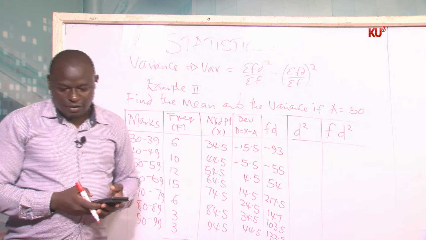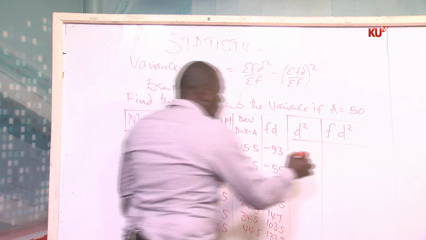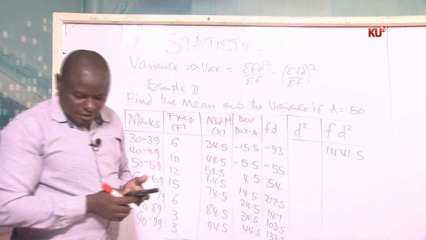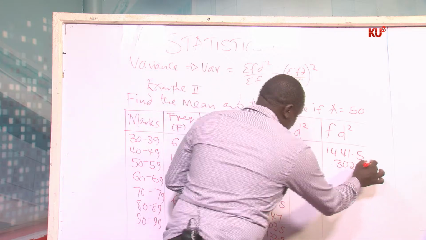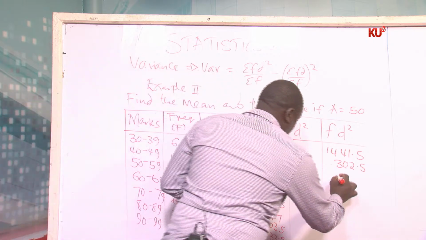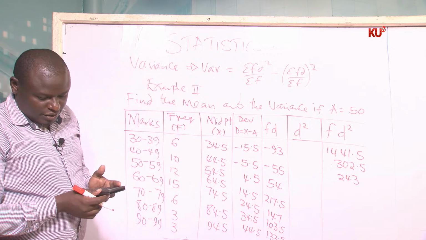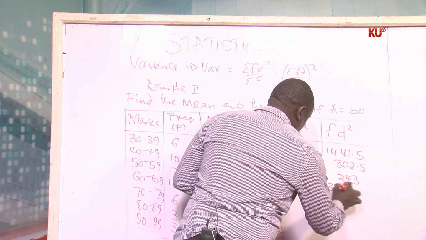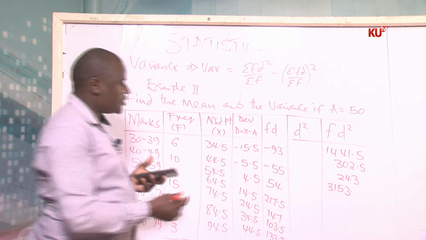You get 1441.5. The second one, you do the same. You'll get 302.5. The next one is 243. I have calculated that. The next one is 3153.75.